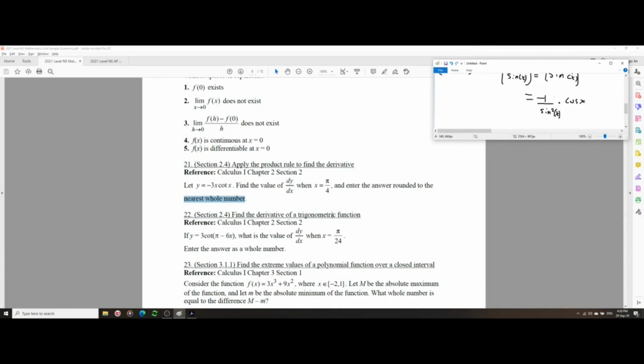Here, cosine over sine is cotan, so we can write minus cotan x, and then you're left with another sine, 1 over sine basically, so that would be cosecant. So cosecant x.